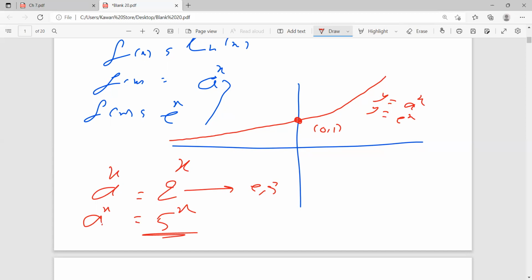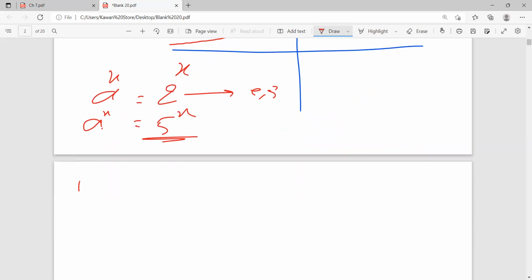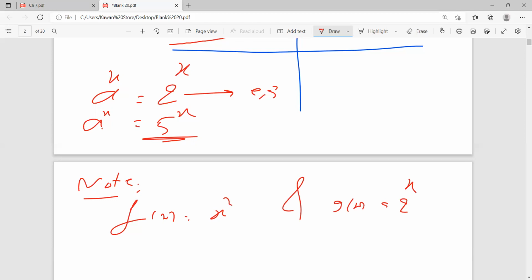Generally, the graph is like that. Generally, a to power x is also like that. Now, let me give you some notes about the difference. Do not forget about that. Before, we had the function x to power 2. Now, I have another function, 2 to power x. Be careful.